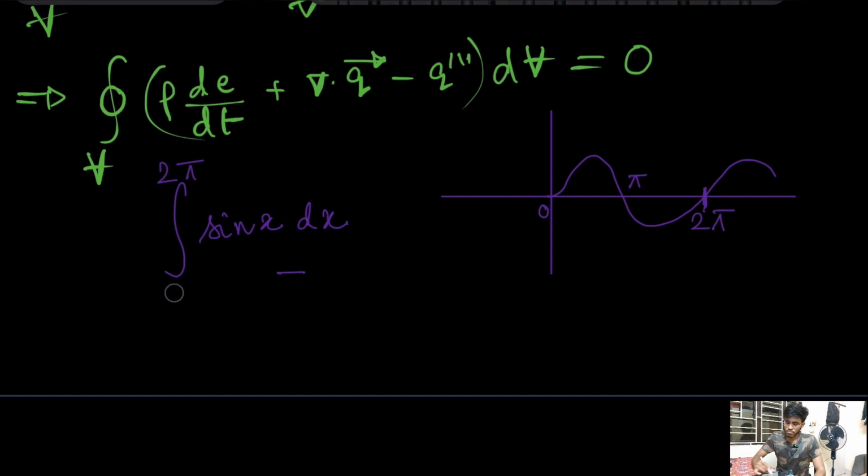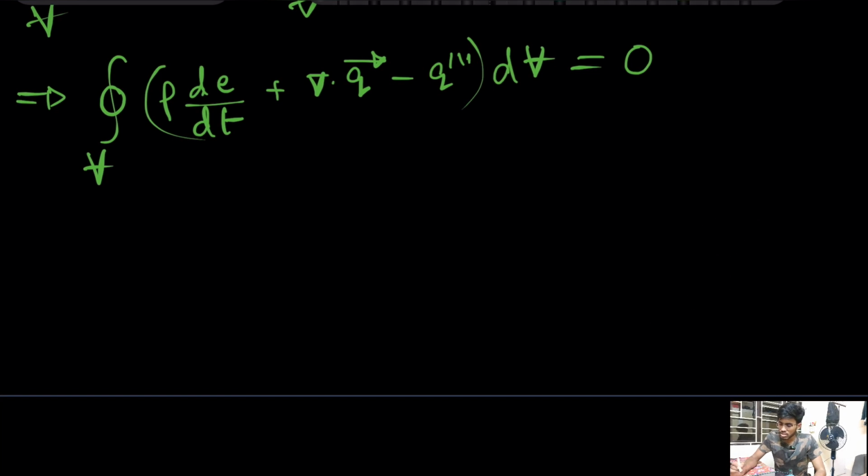So this example actually shows us that if the definite integral of something is 0, that does not ensure that the integrand will also be 0. So under which condition can we say that this is 0?